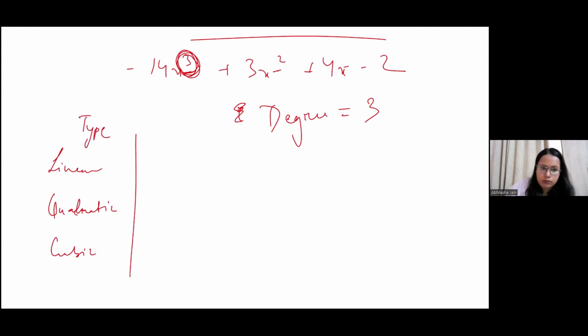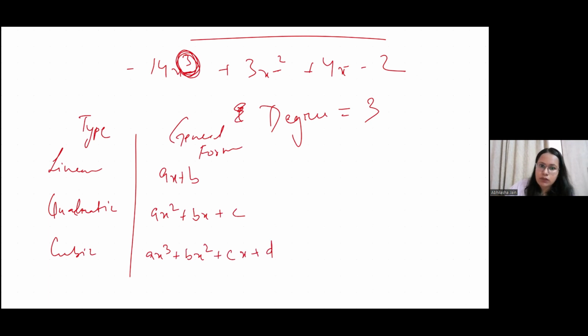The general form of writing these equations is ax plus b, ax squared plus bx plus c, and ax cubed plus bx squared plus cx plus d. That's the general form of writing these equations, right?